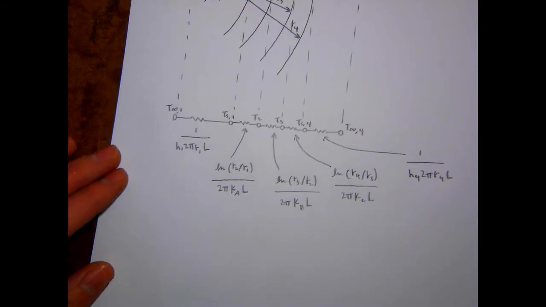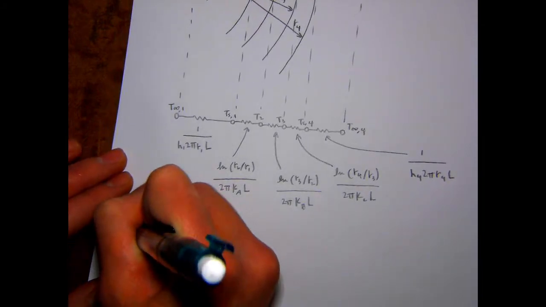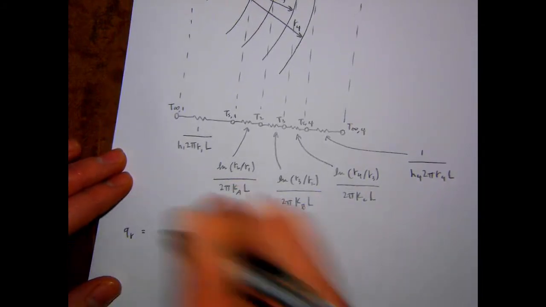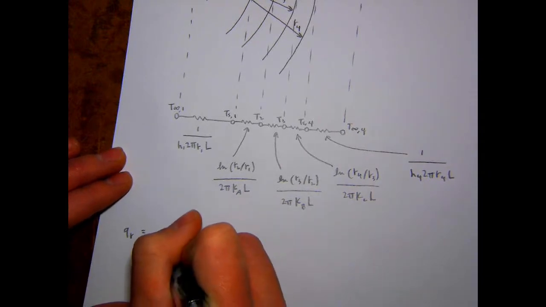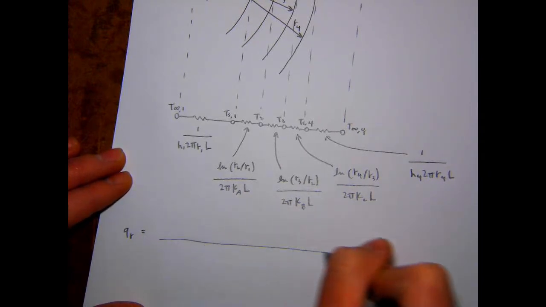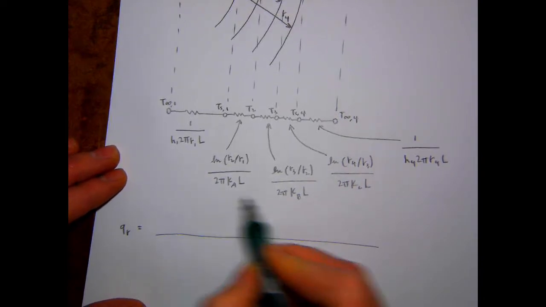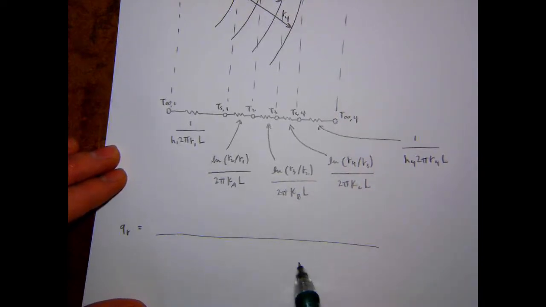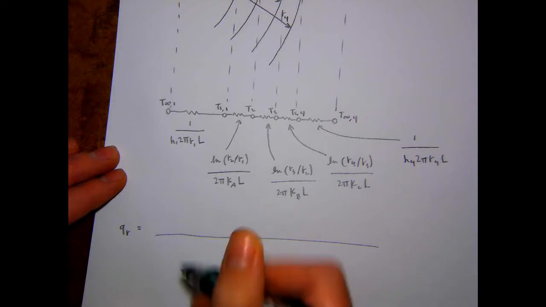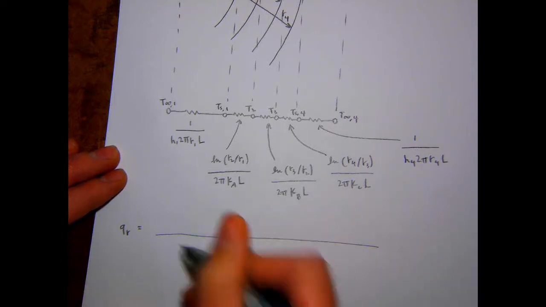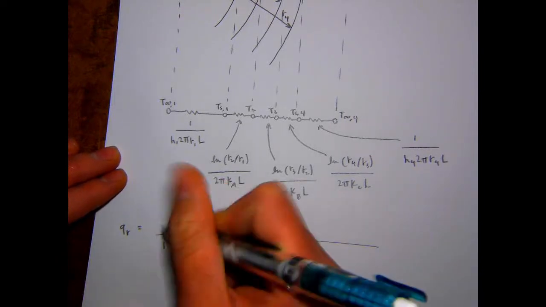So now given that, if we want to write down the heat transfer rate, it's easier to look at this thermal circuit and just say, okay, I just add up all these resistances, that's in my denominator, I've already got them written out, and then I just have the overall temperature difference on the top. So we'll write it out so you have it in your notes.